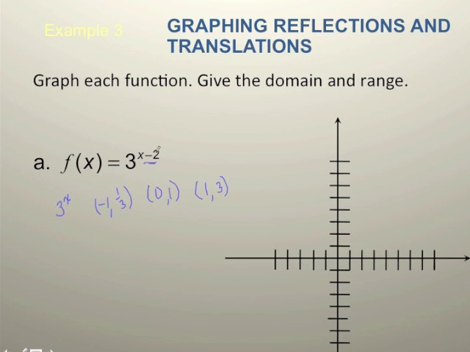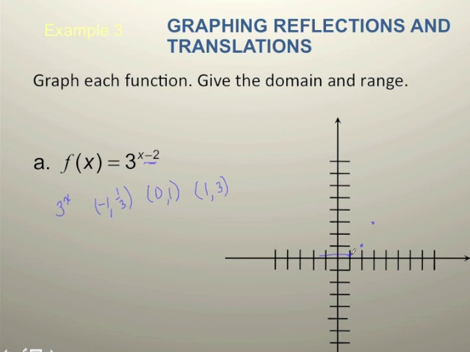But we're going to move these 2 to the right. So -1, 1/3 would be right here, but we're going to move it 2 to the right. 0, 1 would be here, but we're going to move it 2 to the right. 1, 3 would be here, and moving it 2 to the right would make it here.